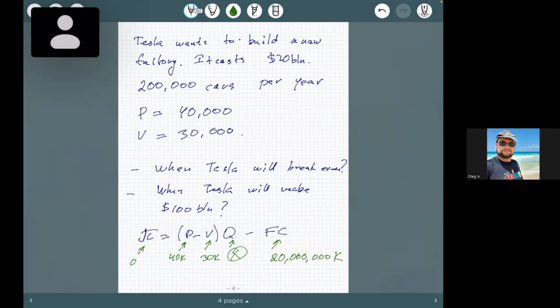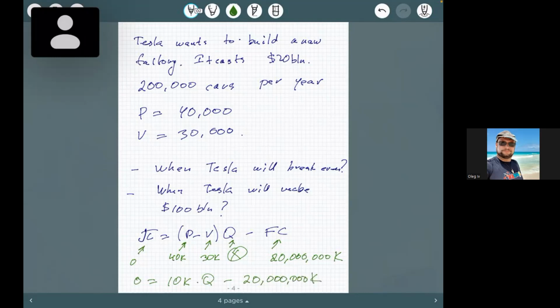So you got 20 million here, you got 40 and 30. So now we need to solve: 10,000 Q minus 20 million thousands.